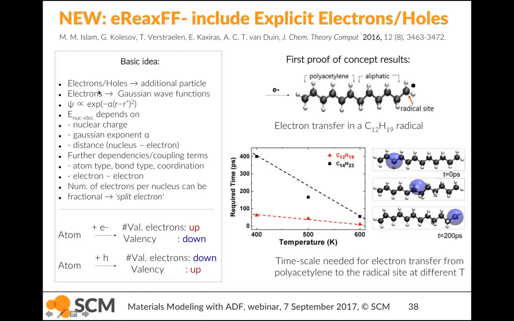So there's an additional particle type, which can be an electron and a hole. And these are treated as Gaussian wave functions. So it's just a single Gaussian function. And you get two extra parameters in your ReaxFF, so you'd have to reparameterize your system.